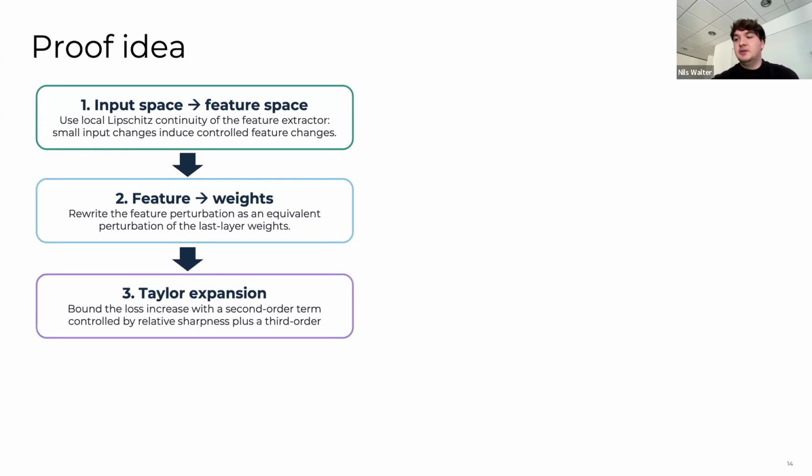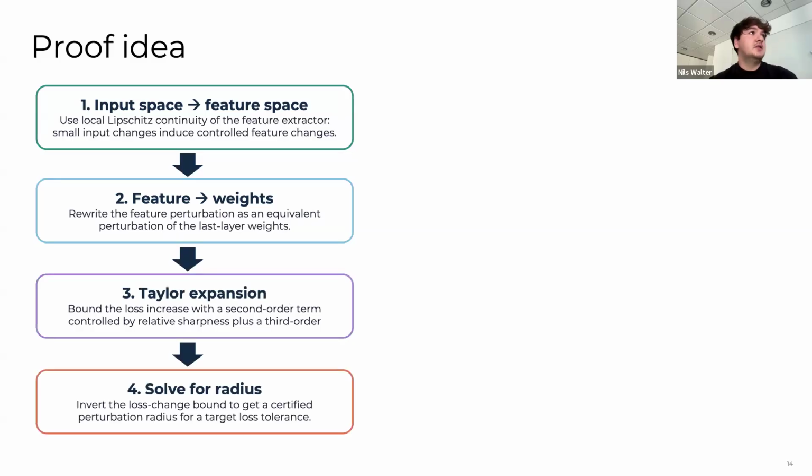The second order term then just is your relative flatness measure. This falls out nicely. And with that, you can bound the loss increase depending on the perturbation, and finally, you just solve for the radius. For the initial input perturbation, you can just solve for this via Cardano's formula, which gets ugly, but still it's manageable. It's a big formula, but conceptually very simple.